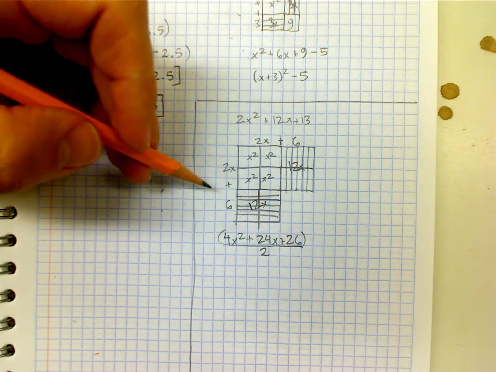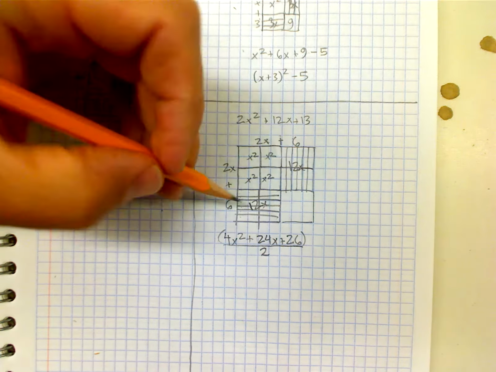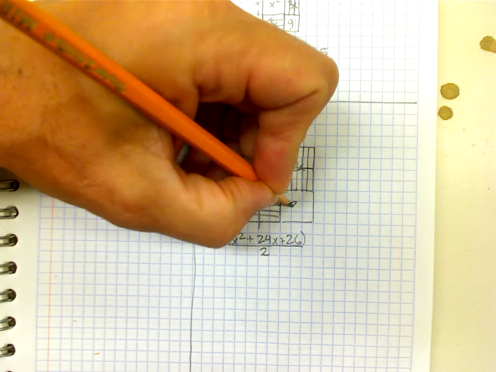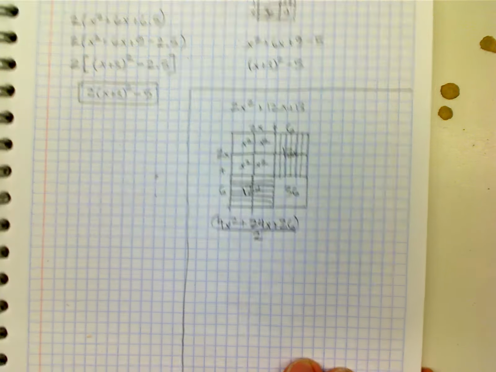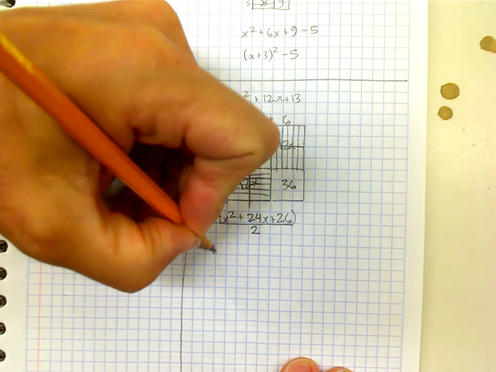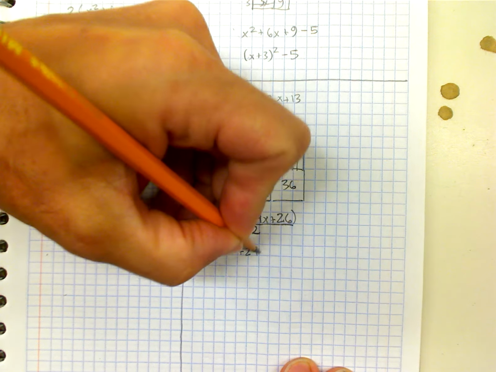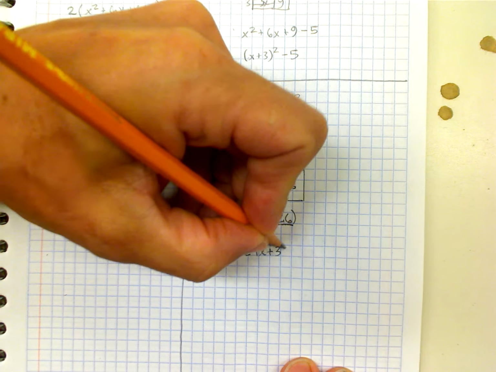And now you see the beginning of our square. And notice that in this corner, 6 times 6, we need 36 units in order to complete this square. So let me take my expression again, 4x squared plus 24x plus 36.